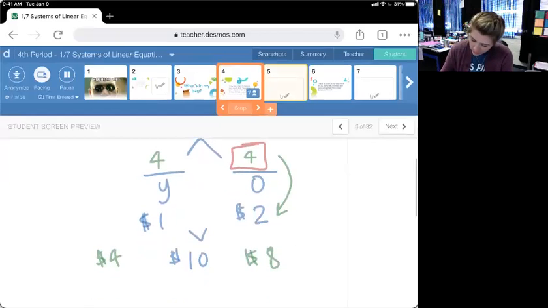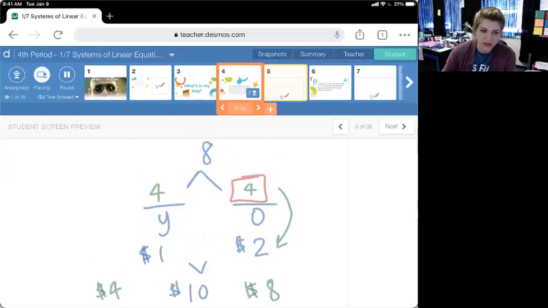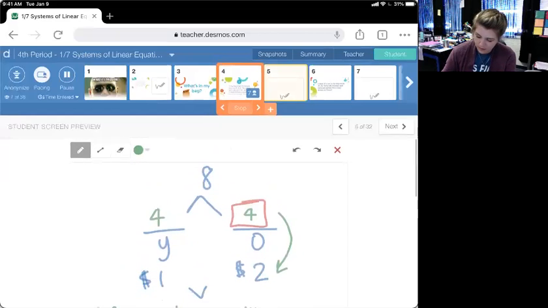But 4 plus 8 is not 10. So in this case, that's not going to work. So we can't use 4 and 4. How many orange coins do I have?